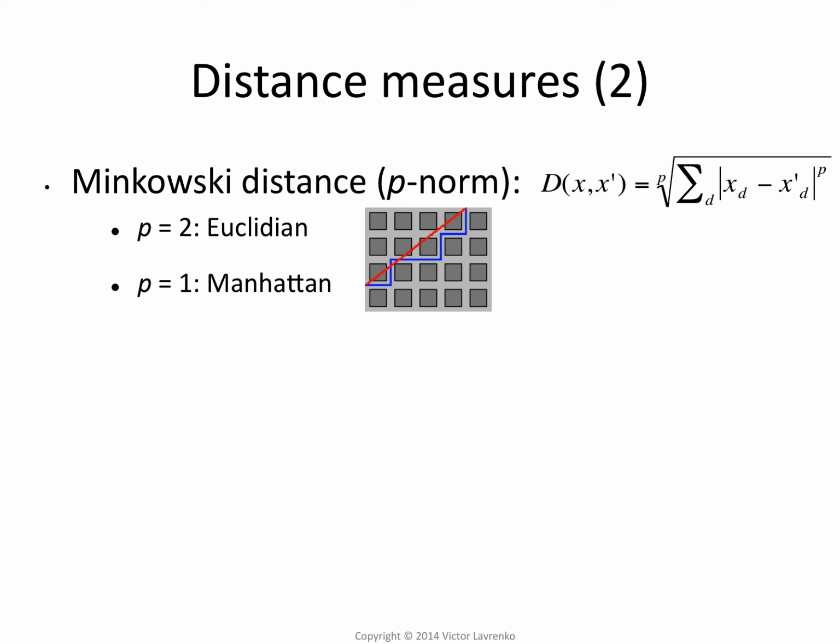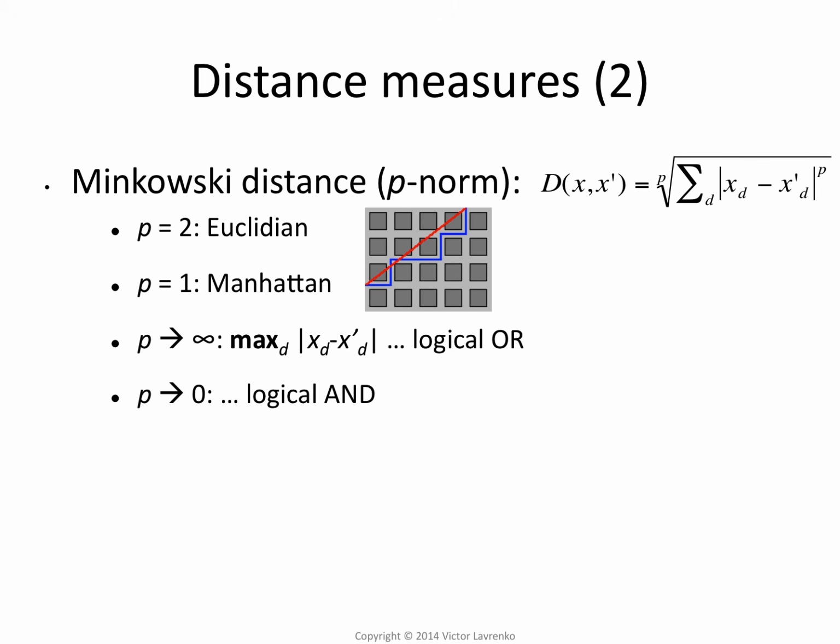But interesting things happen when you set p to other values. You can set p to any value. It doesn't have to be 1 or 2. It can be any positive number. When you drive p towards infinity, you get an interesting family of functions that start behaving like a max. Right? Now, you should be able to convince yourself of that.